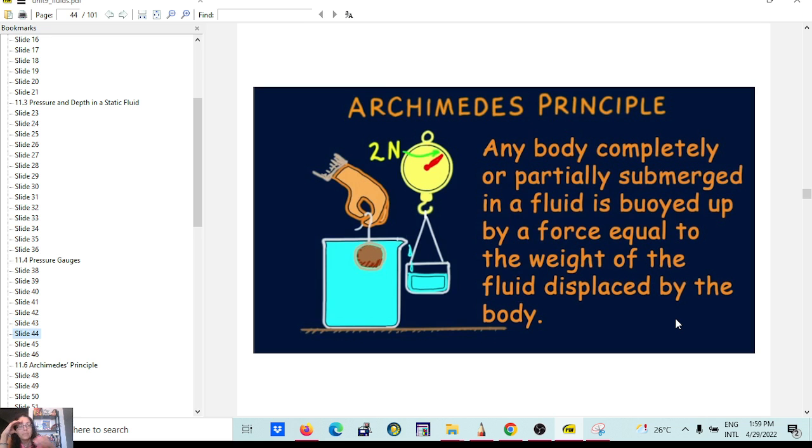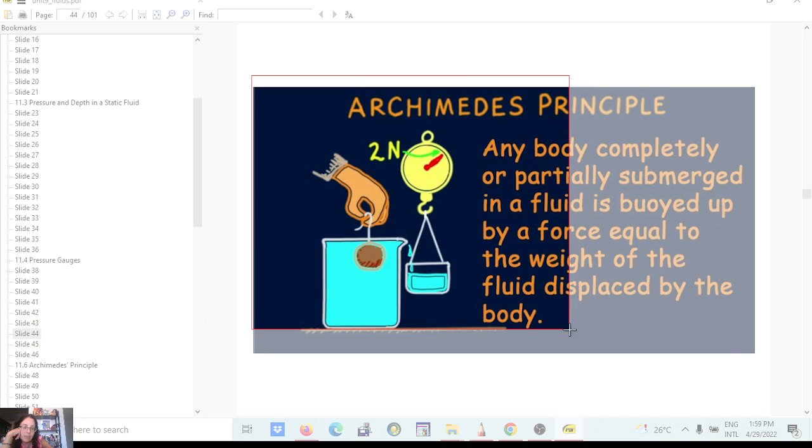And the weight of the water displaced will be exactly the buoyant force. So what does it mean? It means that any object partially submerged or totally submerged will experience a buoyant force equal to the weight of the water displaced. So it doesn't matter if it's submerged or partially submerged.